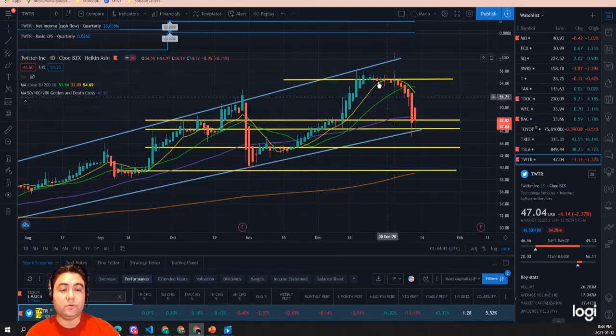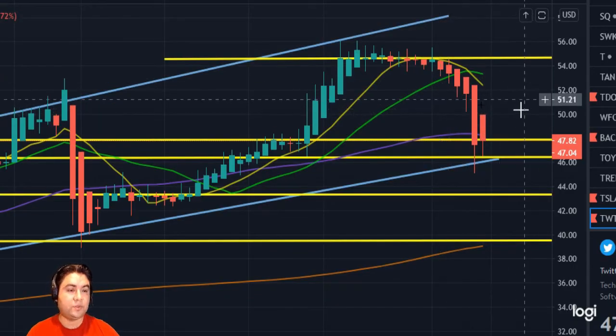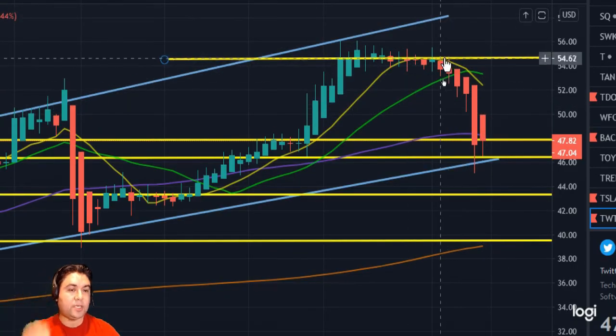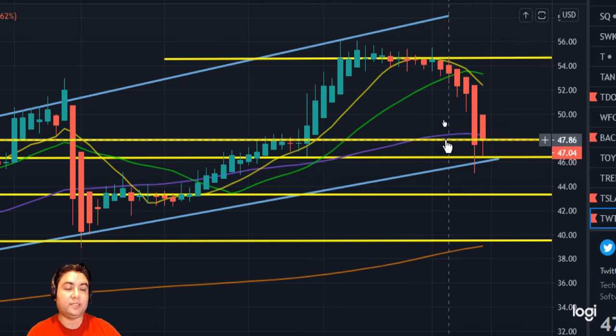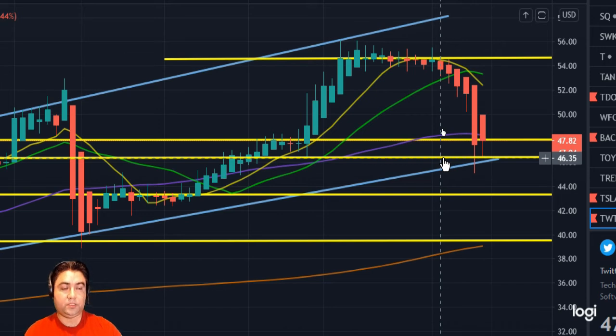Okay, so I want to mention what I found about the resistance. Perfect. The first resistance that we get is to the top of the $54.74 average. The next one below, the resistance that we want to break, is $47.86.